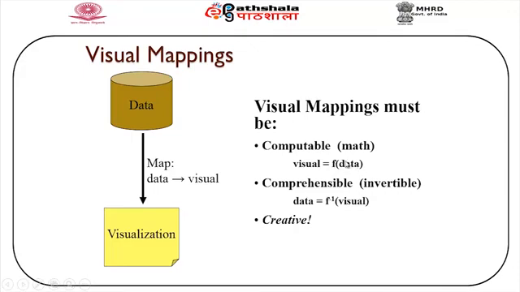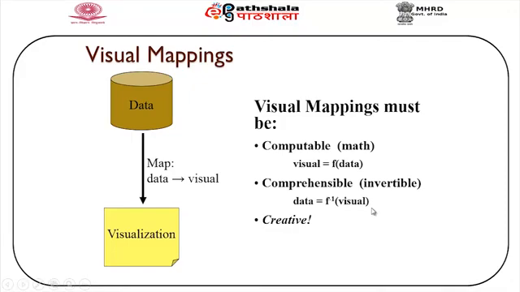The visual mappings are also comprehensible in the sense that they are invertible. It is possible to convert the data into the visual format, and the reverse is also possible: from the visual, I can get the data exactly as it is.